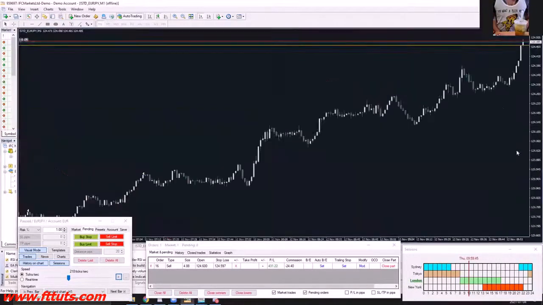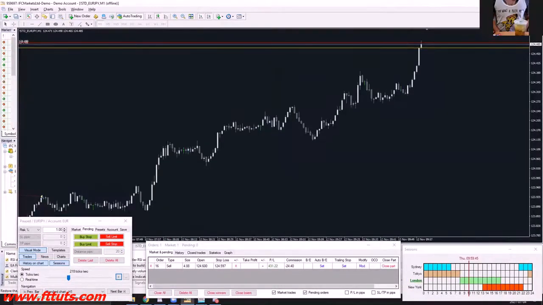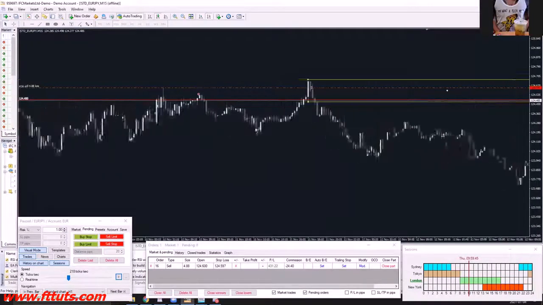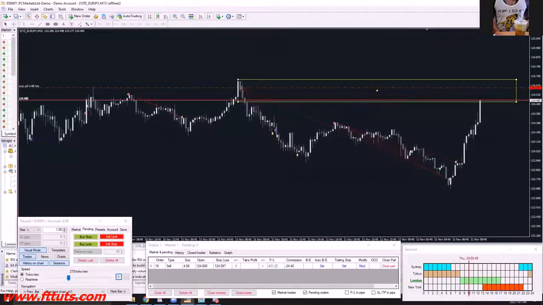So I'm going to look for a confirmation entry here. And again, the reason why I use this POI was because we have equal highs here, equals here, and then this swept these equals, right?